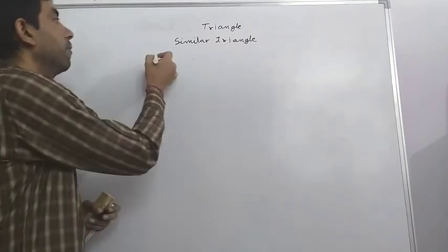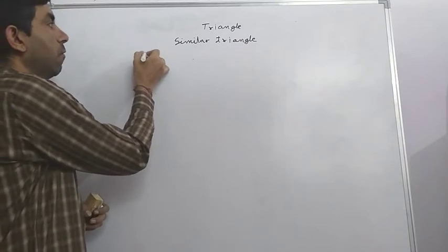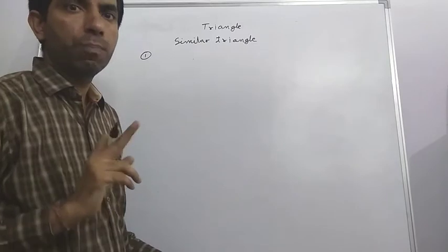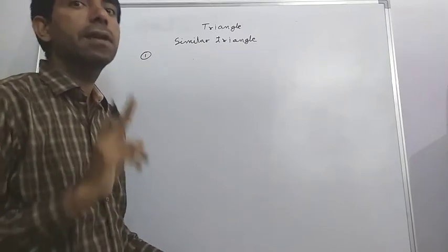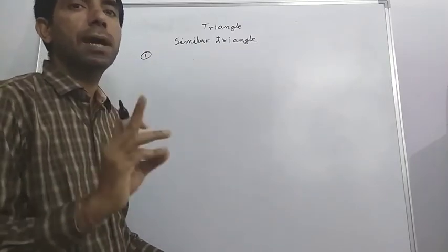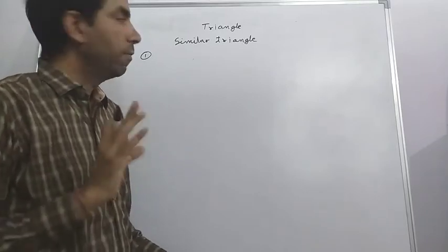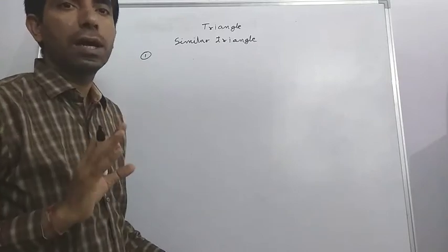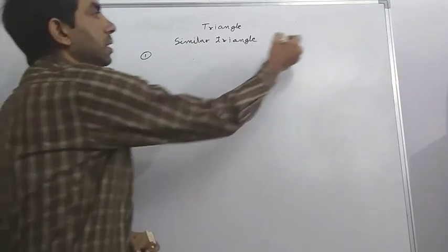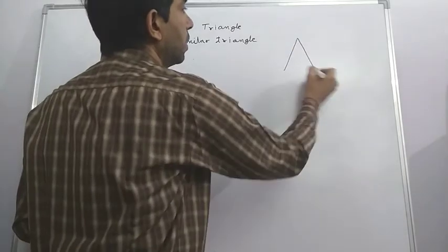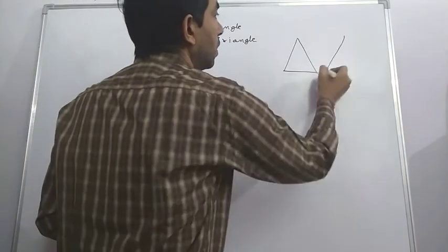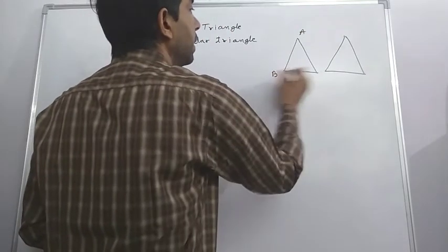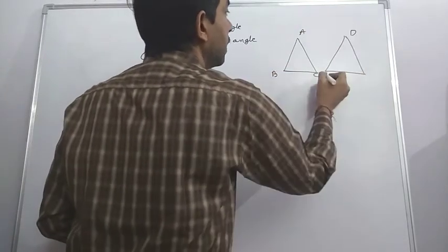But similar triangle has some conditions. Here we have two triangles, ABC and DEF.